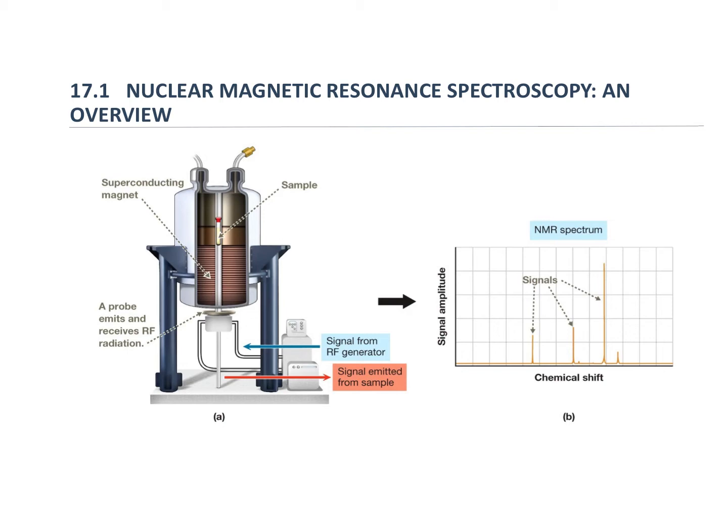Now, when we look at NMR spectra, let's compare NMR first to UV-Vis and IR. We know that IR uses radiation from the IR region, hence the name. That's very helpful. And then we know UV-Vis utilizes the ultraviolet and the visible regions of the electromagnetic spectrum.